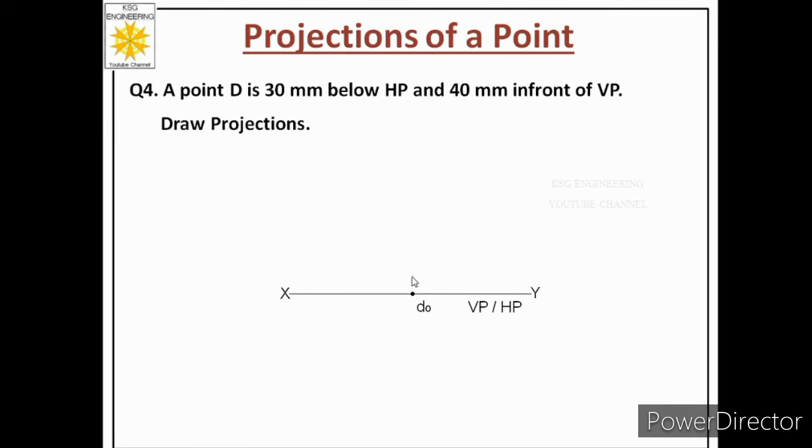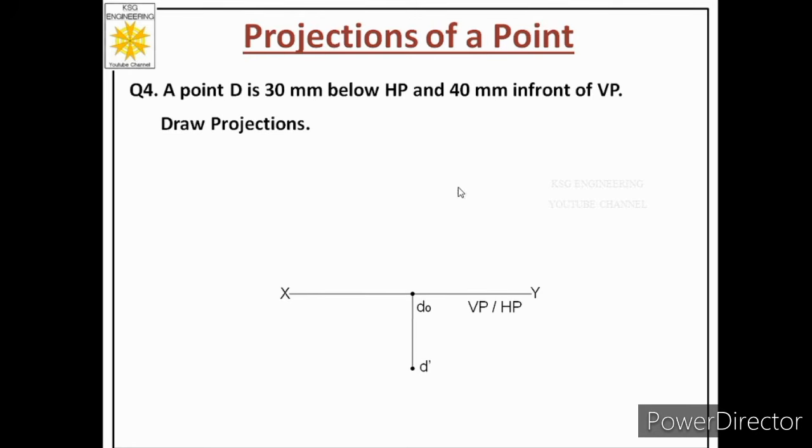So we will align our scale in a vertical position with this reference point, and from this point we will draw a continuous thin line of 30 millimeters. And remember, it is given from HP and we are drawing it on VP. So we will make the end of this line bold, and this point is on VP. So it is the front view of the point, and we will denote it by small letter d single dash.